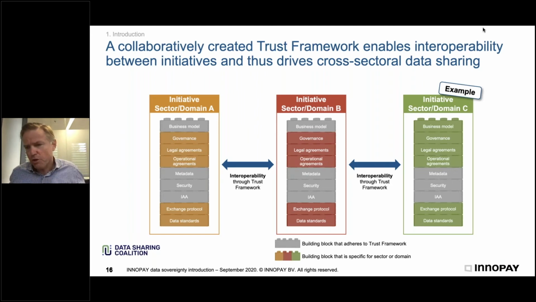Even without all this talk about digital sovereignty, if you want to run a data sharing platform or ecosystem, you need to cover all these types of topics which we mention here.